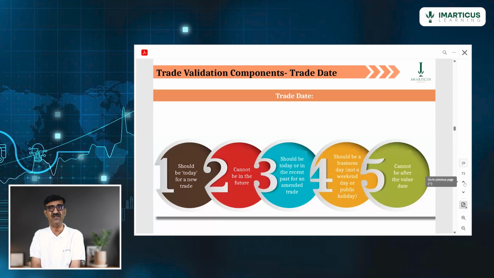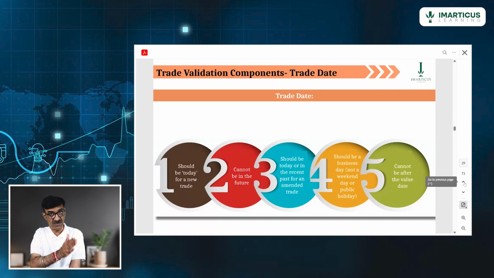When you validate the trade as an investment banker, the first and the foremost is it should be for a new trade. Validation has to be, yes, it's a trade that has happened and I'm validating it. It cannot be for the future. How can a future trade be validated?